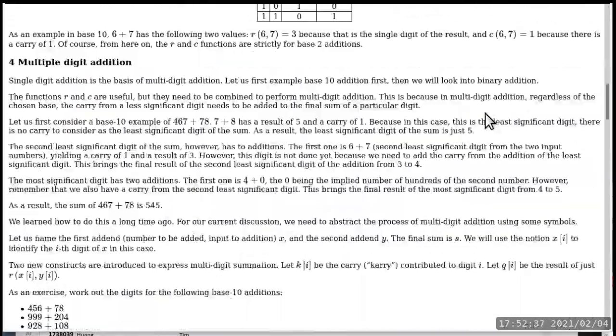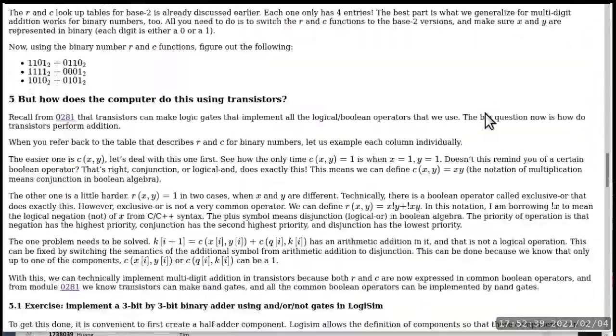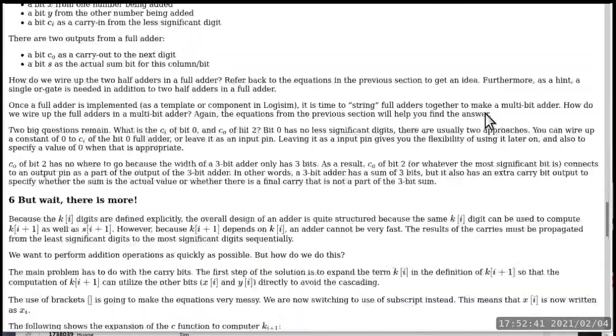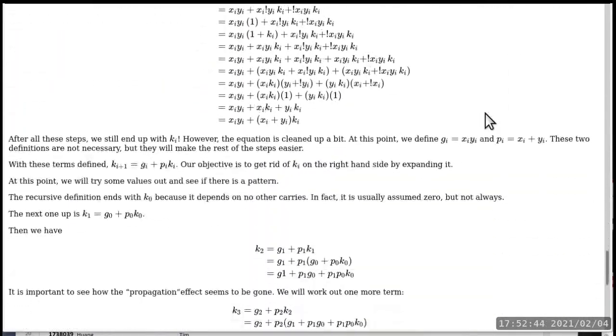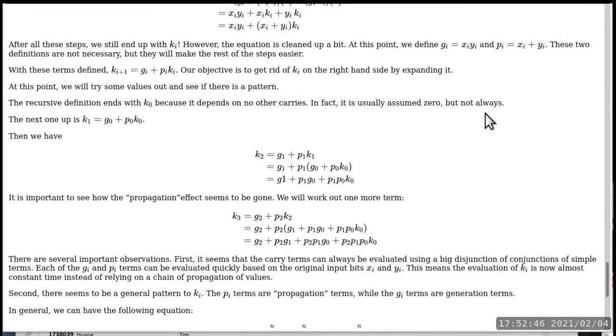I don't remember the definitions, and I do not need you to remember them either, but you should probably know where to find them. All of the definitions that we would use in this circuit are in section 6 of this particular module. We can see how K1 is G0 or P0 K0.